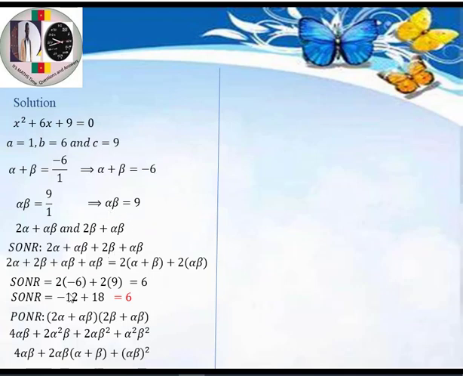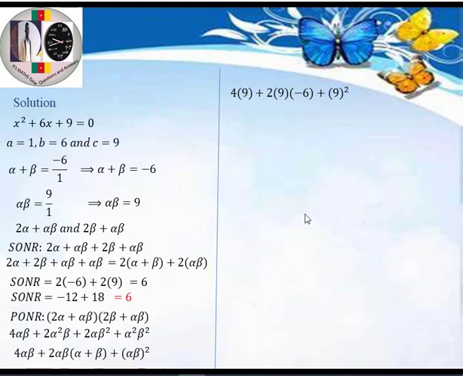So we substitute, knowing that alpha beta is 9 and alpha plus beta is -6. So 4 into 9 plus 2 times 9 times -6, plus 9 squared.